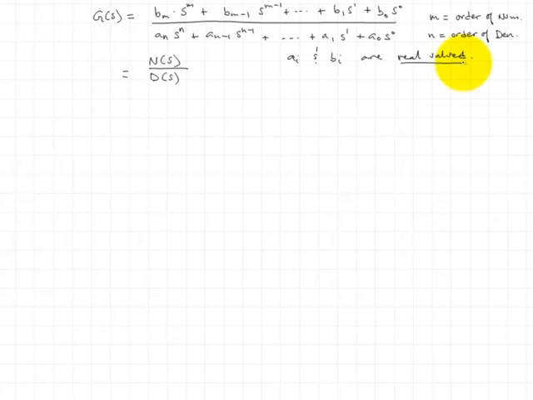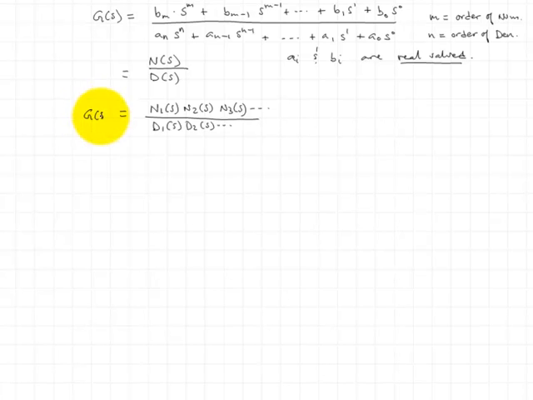So it should be real valued if we're modeling real systems. We can further describe this transfer function as having multiple product terms in each of the numerator and the denominator. I'll give an example of this in a second.